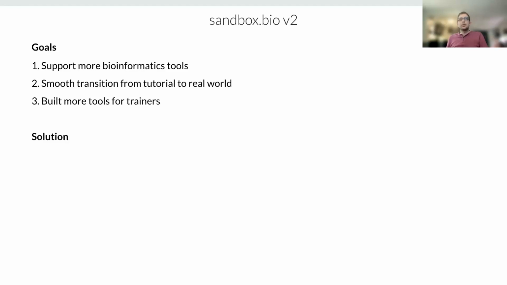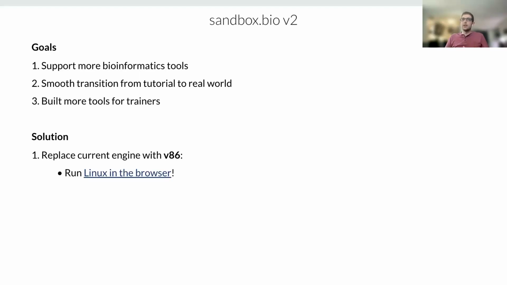But the idea to solve number 1 is, instead of taking the approach of compiling every single tool to WebAssembly, we're going to turn to a project called V86. What they do is they let you run a whole operating system in the browser, like a full-blown Linux in the browser.